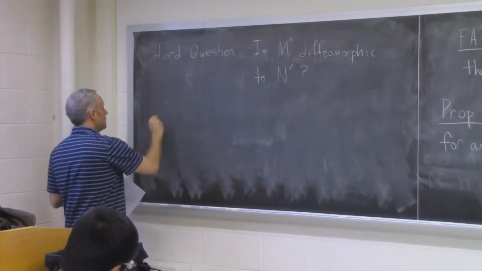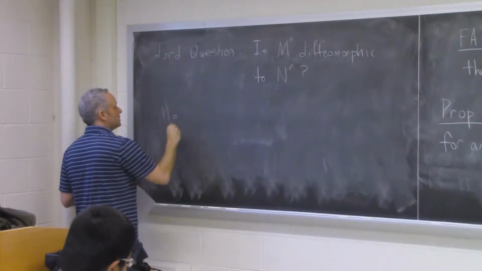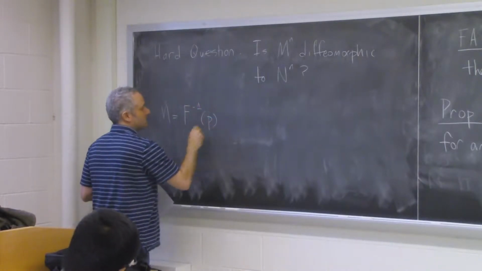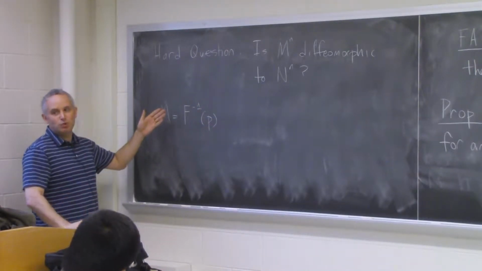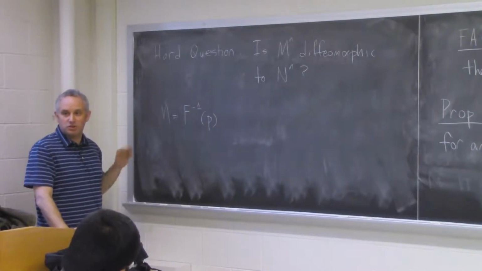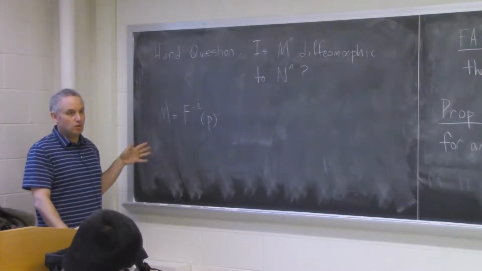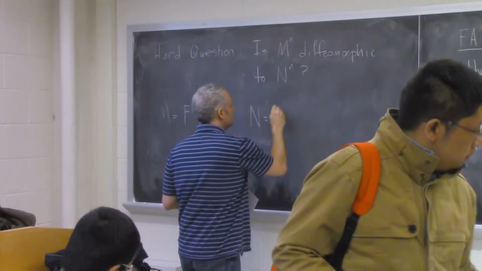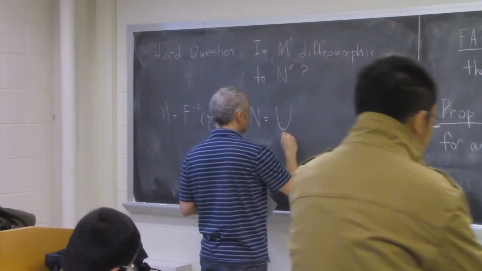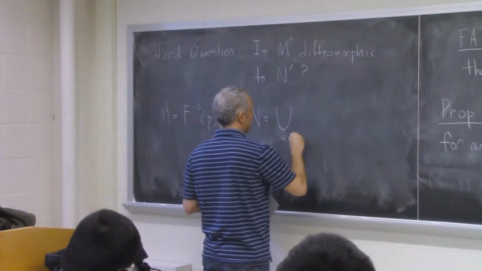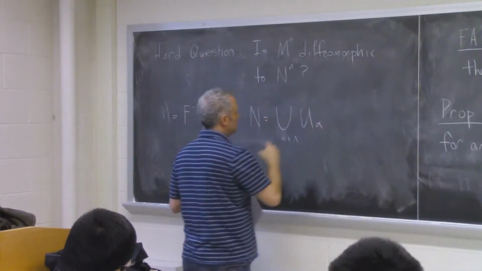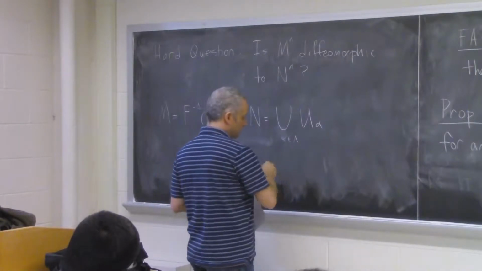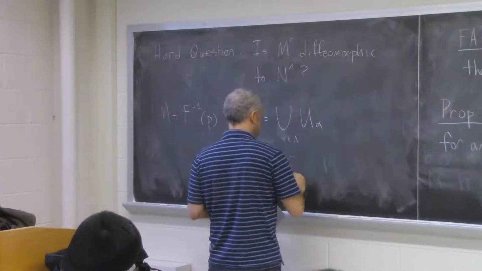So in particular, let's say M was described to us as the inverse image of a point for some smooth mapping f from M to somewhere else, which we won't even name. Okay? And that N was described to us as a collection of sets where these are the domains of the charts of an atlas.